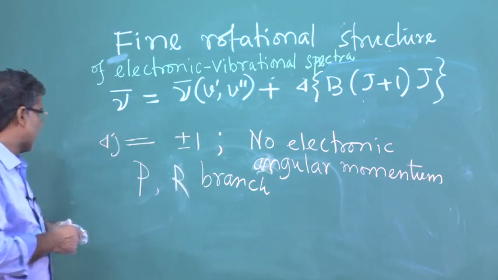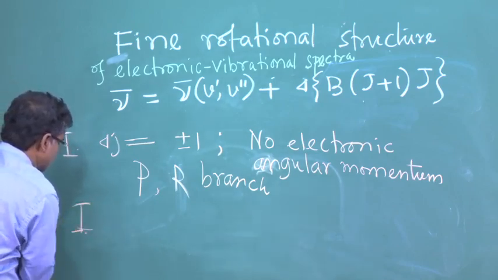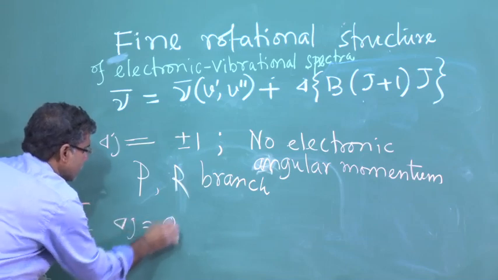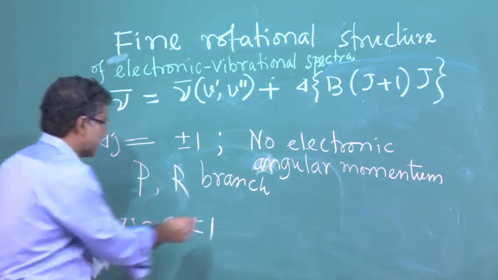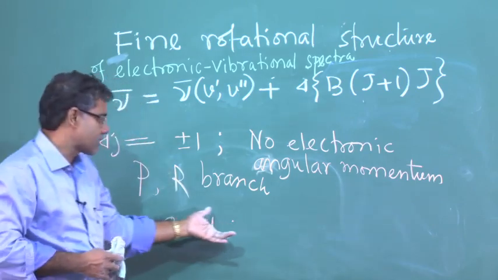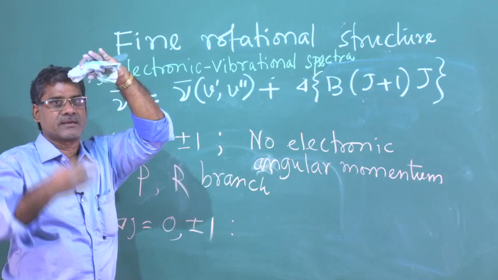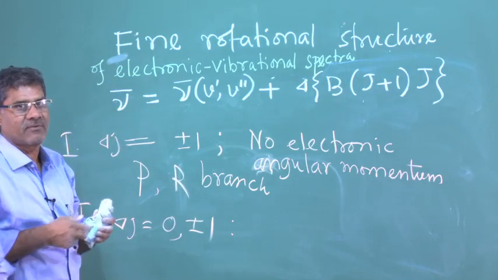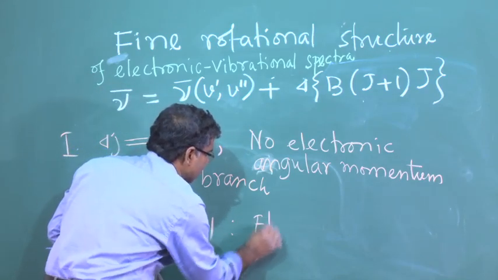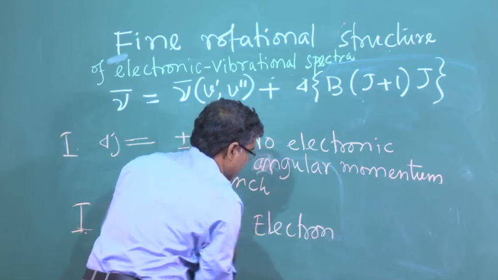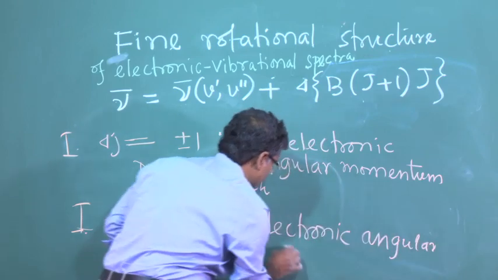And for the other case, the second rule is del J equal to 0 and plus minus 1. This selection rule will be followed when the states involved in the transition have electronic angular momentum.